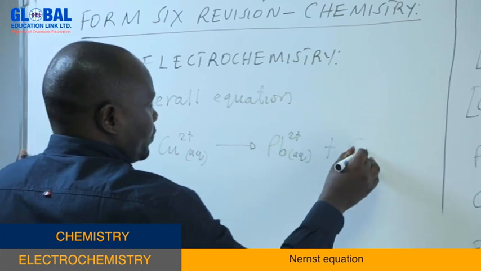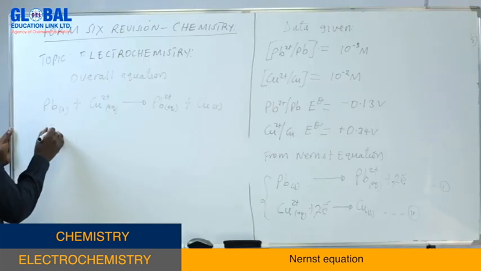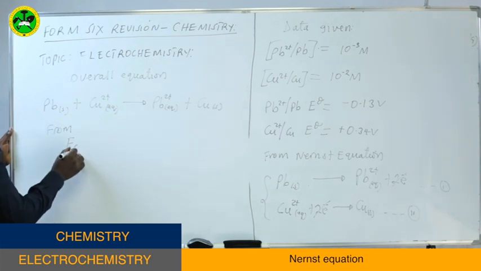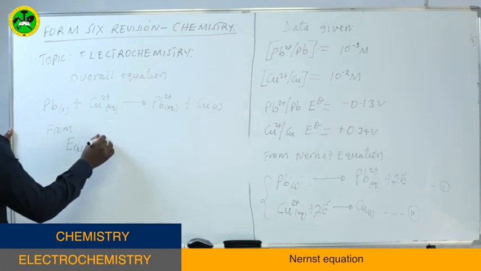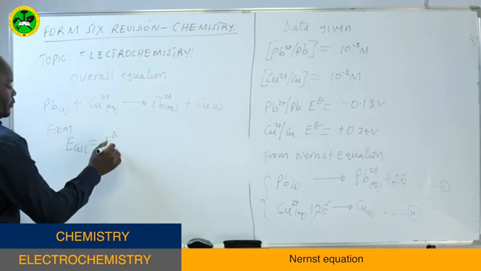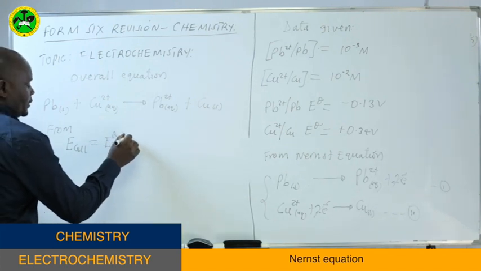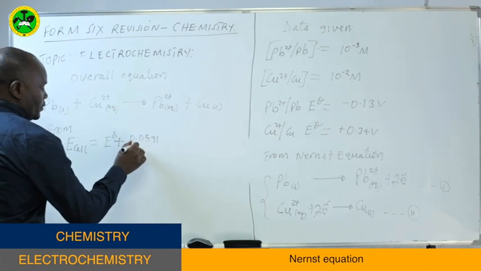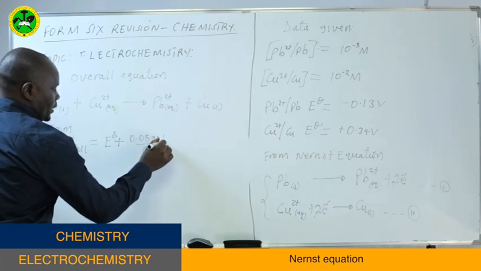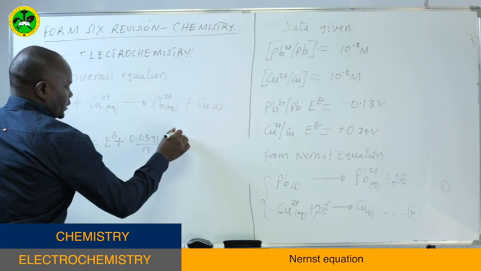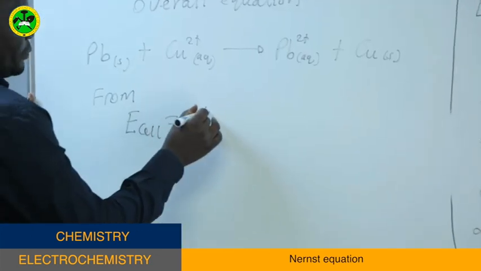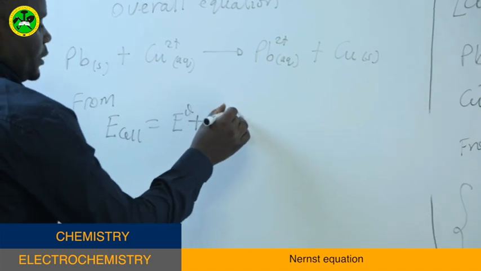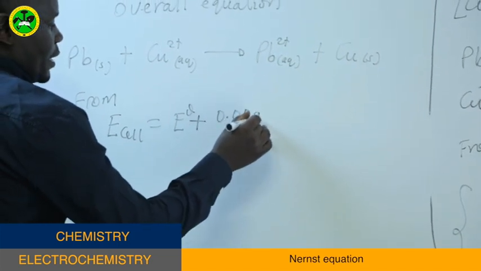Now from the next equation, EMF of a cell, which is equal to the standard electrode potential of a cell, plus 0.0591 over N, then log of the concentration of reduced species over the concentration of oxidized species.